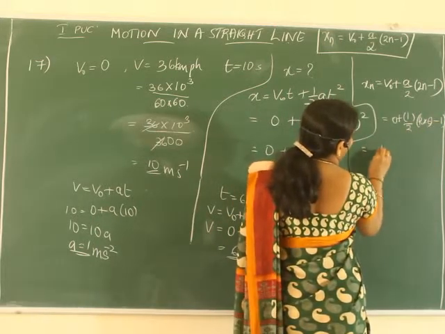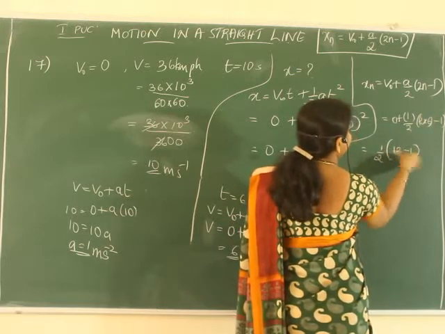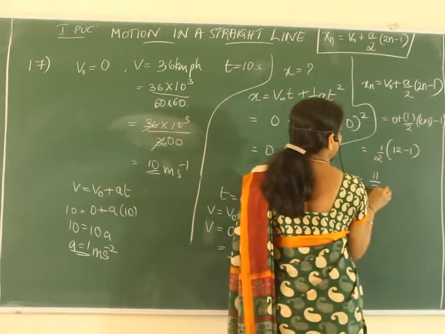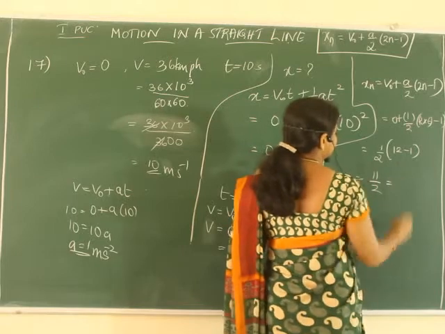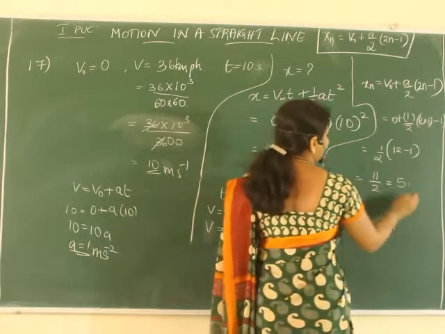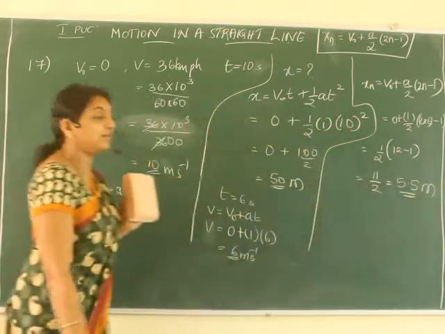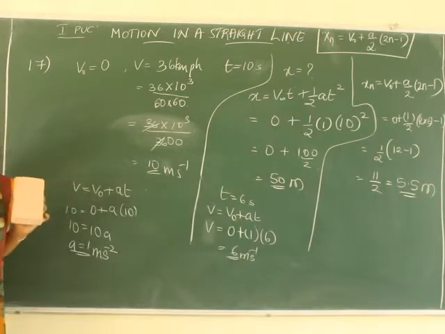Zero, half, 2 sixes are 12 minus 1, 11 by 2, that is equal to 5.5 meter. Answer is 5.5 meter.